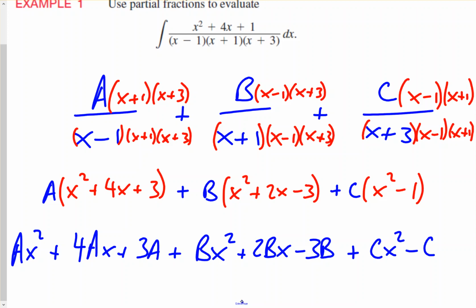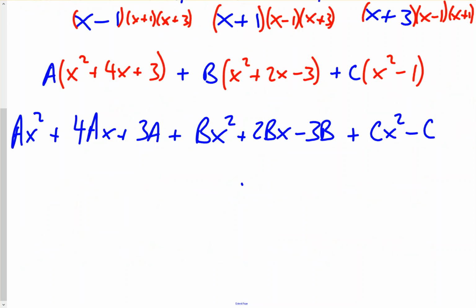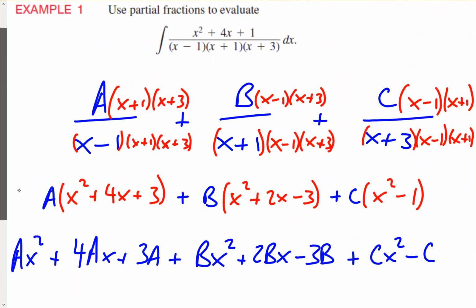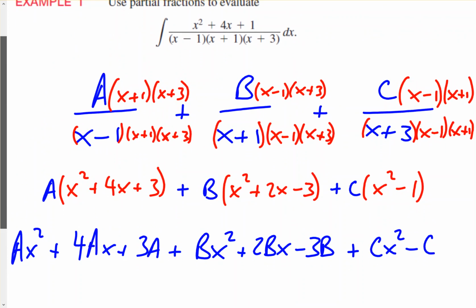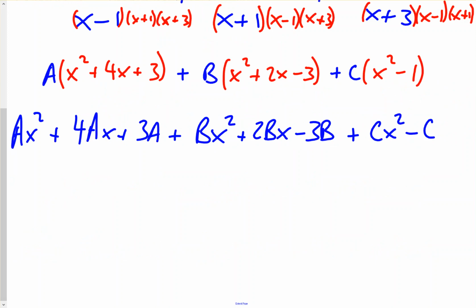Okay, so next, looking at our initial problem, we're going to try to group together all the x squared terms. Then we're going to try to group together all the terms with just the x's. And then we'll try to group together all the terms that just have an a, a b, or a c. Okay?